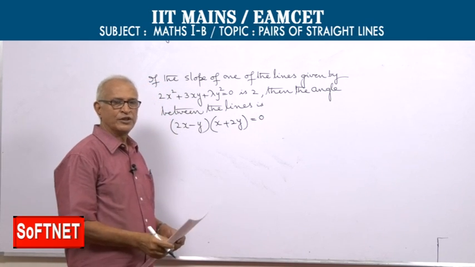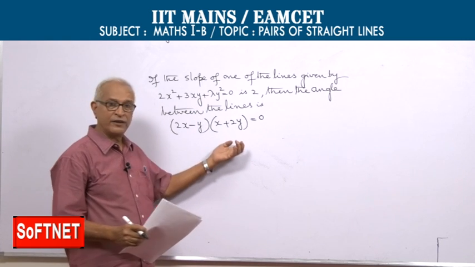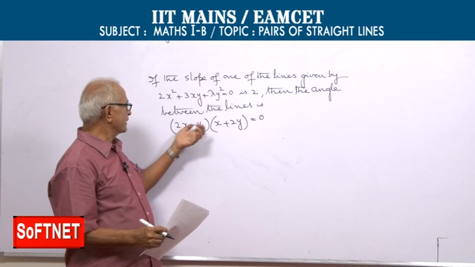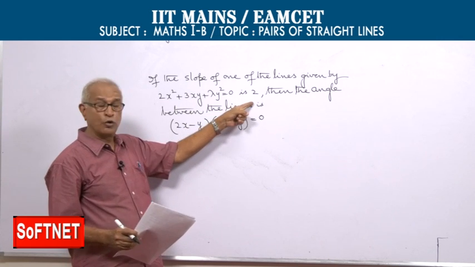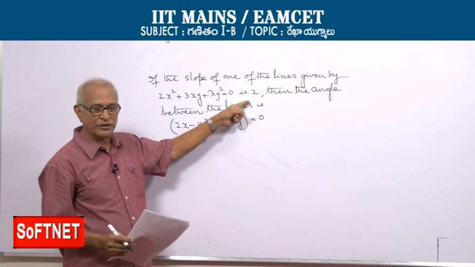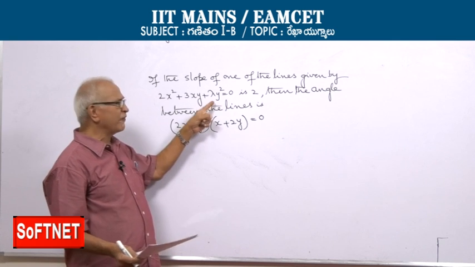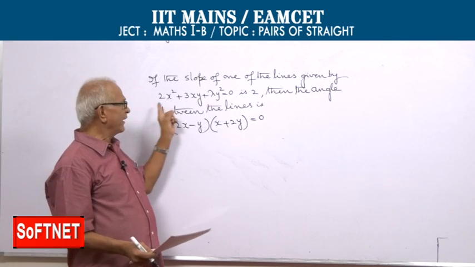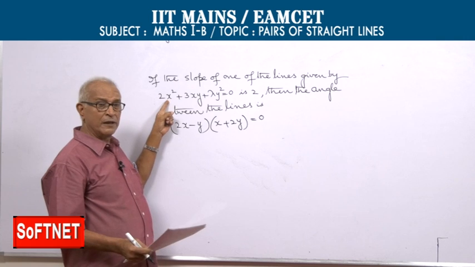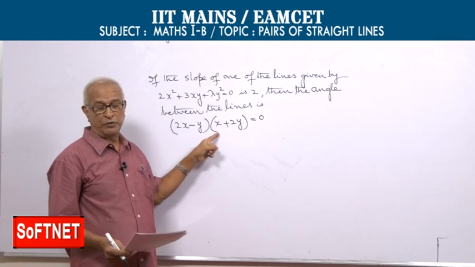Follow? I am just managing without finding the value of lambda by using the technique of factorization. You see, 2x minus y, because the slope is 2, the line with slope 2 passing through the origin is given by y equal to 2x, or 2x minus y equal to 0. So 2x minus y must be a factor of the left hand side. The other factor, because of the presence of 2x square, you have to write x, as 2x into x will be 2x square.